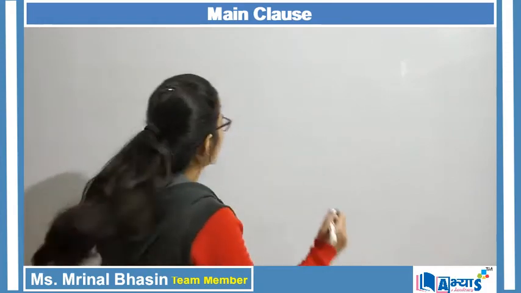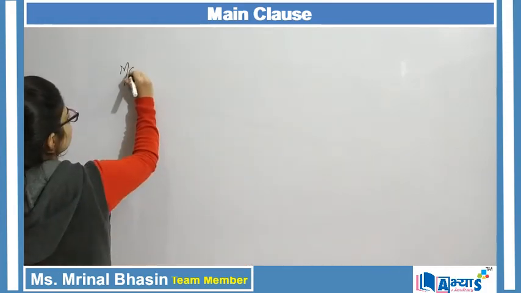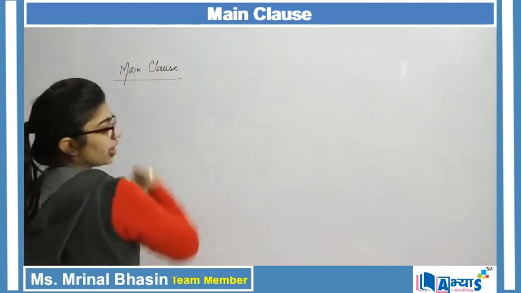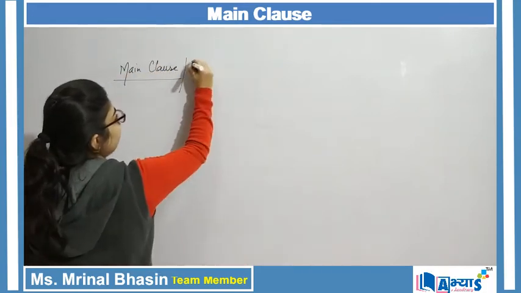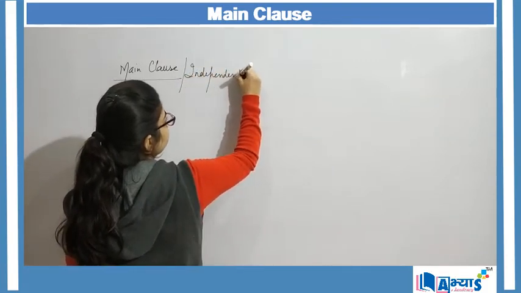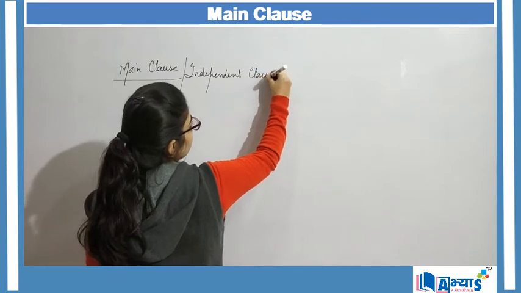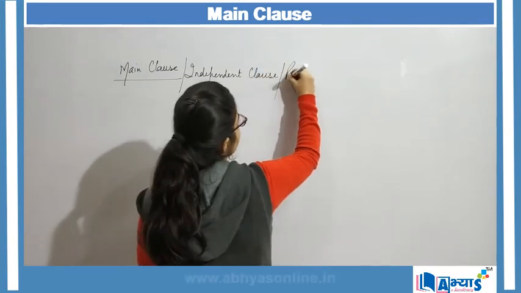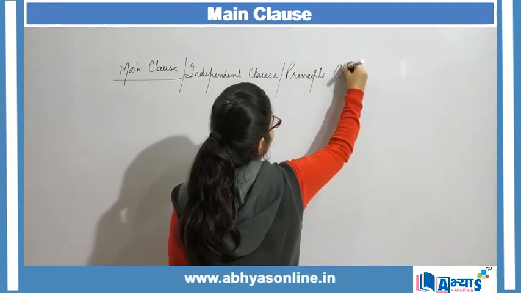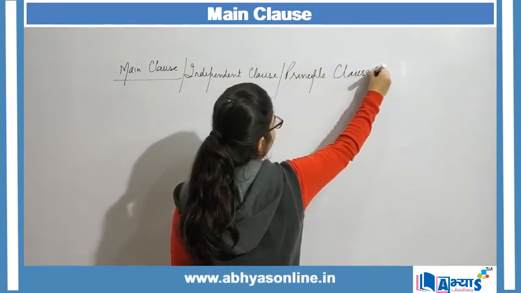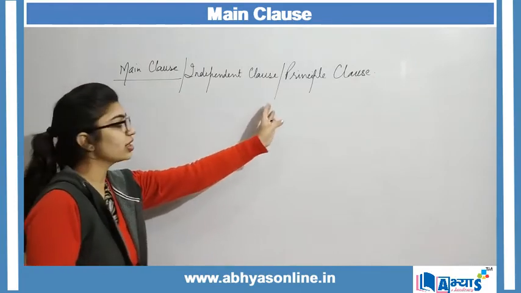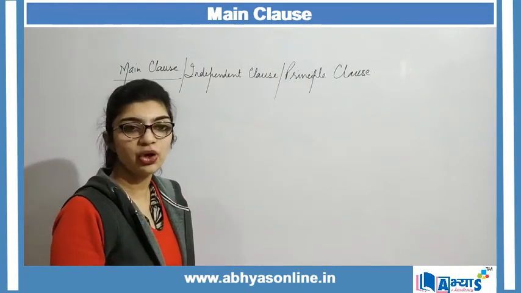A main clause is also referred to as an independent clause, or it can also be called a principal clause.